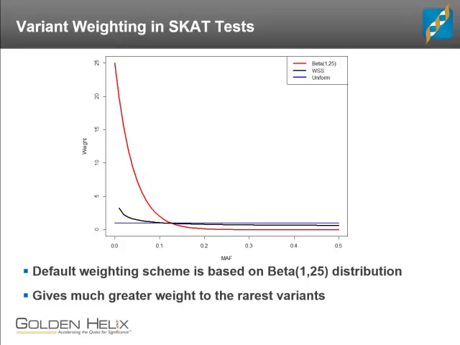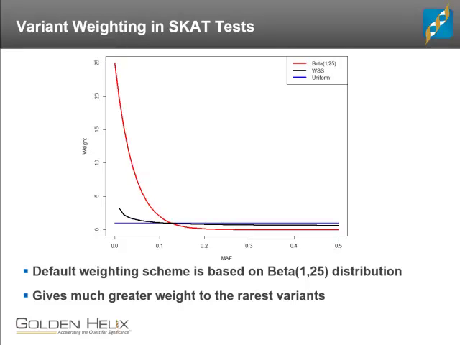So you can see that there's really some major differences in how you might treat rare variants versus common variants in these tests. The question comes up fairly often, well, which one's the best? What should I use? And what I would say there is to keep in mind that the different weighting procedures are really testing different hypotheses.